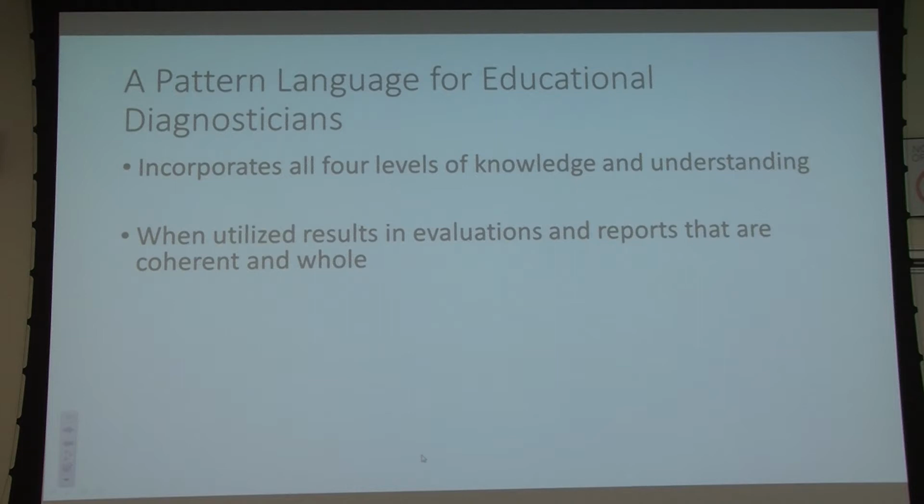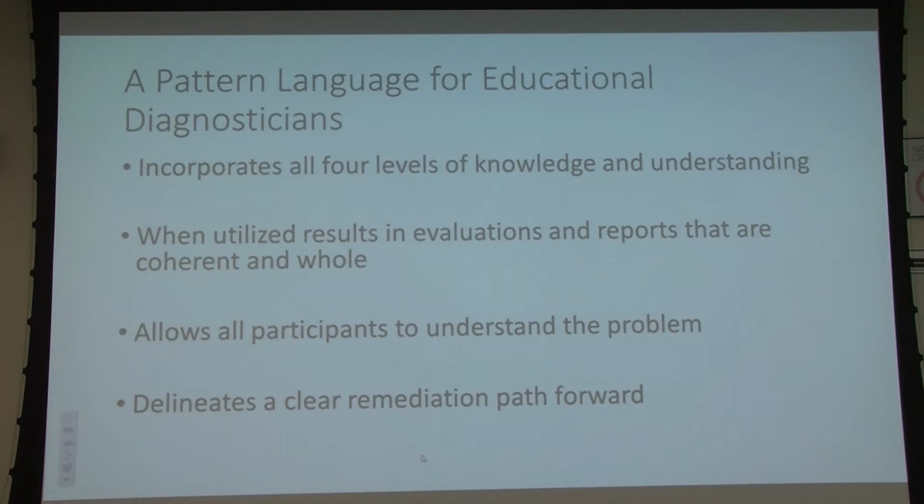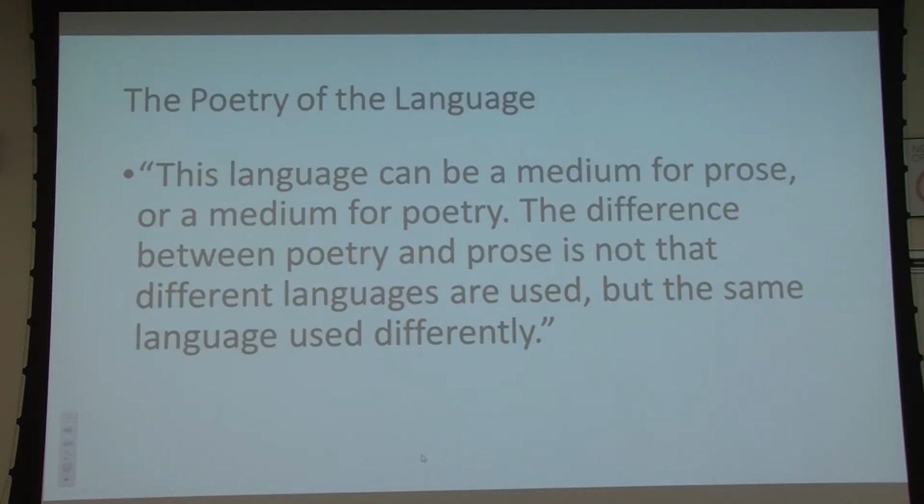Okay, all participants are to understand the problem: the family, the parents, the student, the teachers. Generally that's not how it goes. And then the pattern language shows a clear path forward. You've got to be able to make appropriate recommendations, and by appropriate, I mean what works, what's actually going to get the student there, okay? And it's not just your opinion, but you back that up somehow, okay?